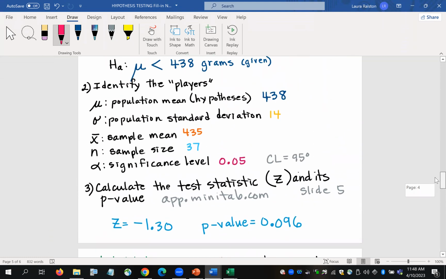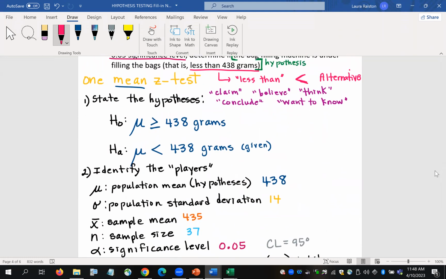So again, I'm going back up here. We have said we're going to fail to reject the null, which means the null is true and the alternative is false. And guys, in this particular scenario, that's a good thing because we have concluded that the alternative is false or wrong, which means we are not underfilling the bags.